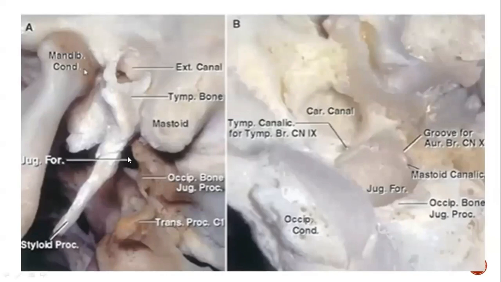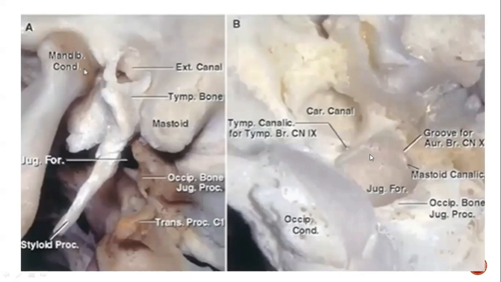Then we have the external auditory canal, tympanic bone, and in this view, we can see the carotid canal, which is separated from the jugular foramen by this thin ridge, which is called the carotid ridge.